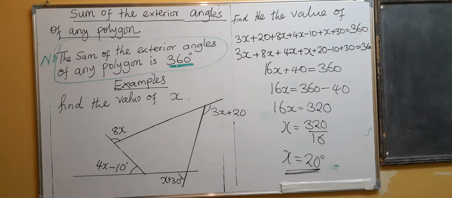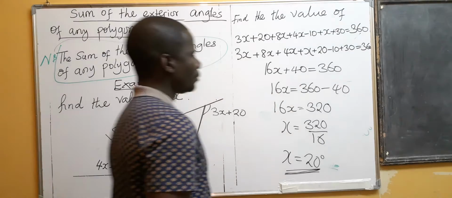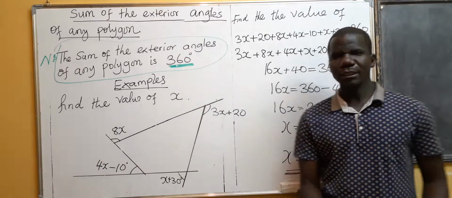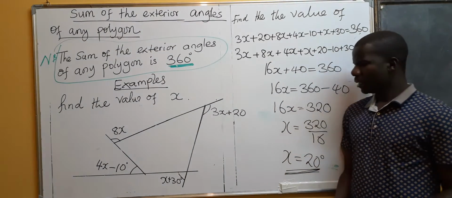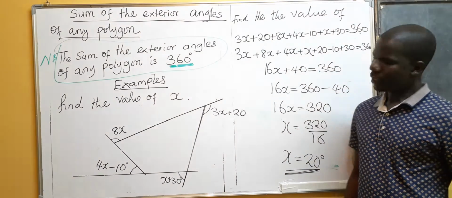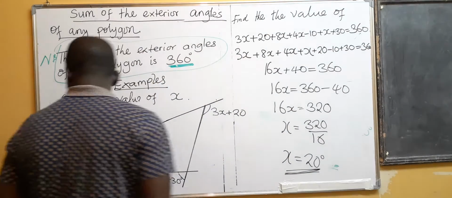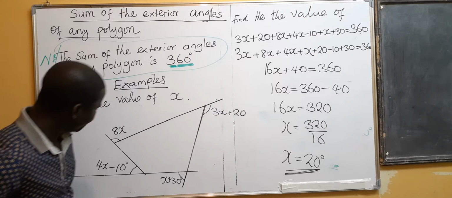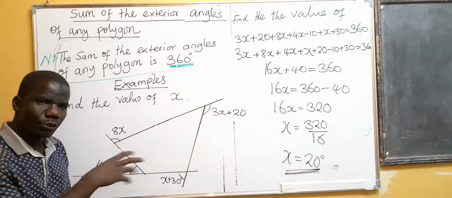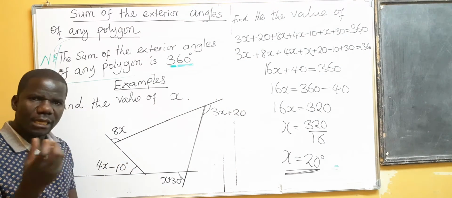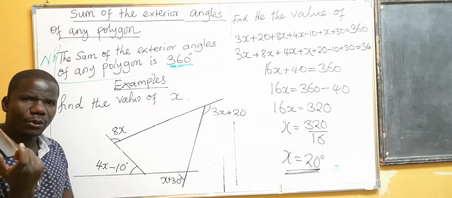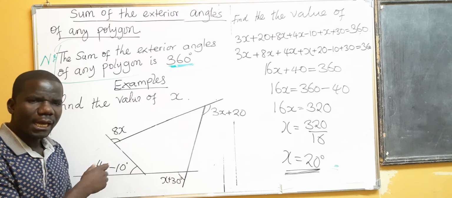Okay. So, what I wanted to mention is that in the next lesson, we're going to be talking about the size of one exterior angle and the size of an exterior angle.